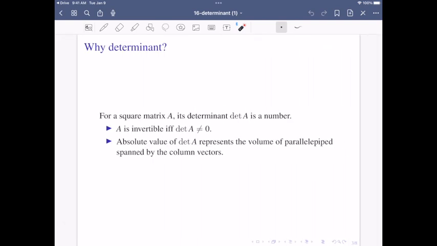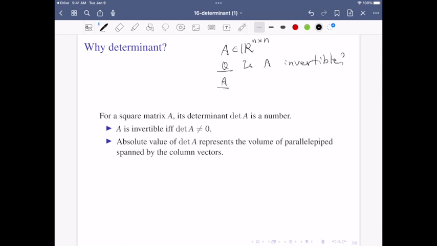So we start with a question: why determinant? Why is it that important? For a square matrix A, one of the common questions is: is A invertible? Before, we said if A belongs to n by n matrices, then you can ask whether A is invertible.